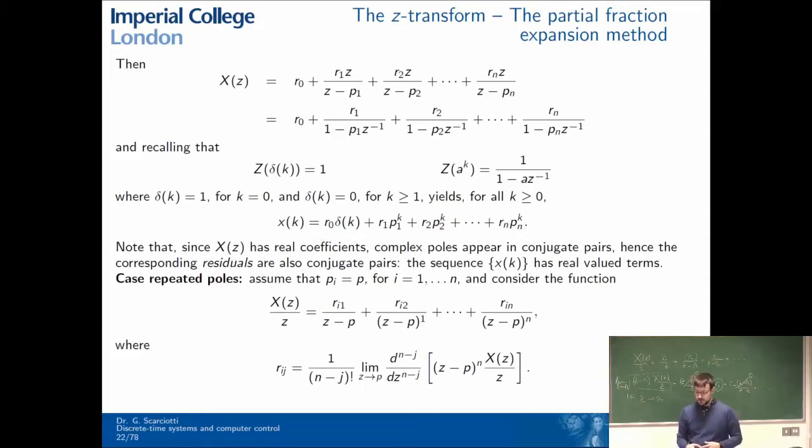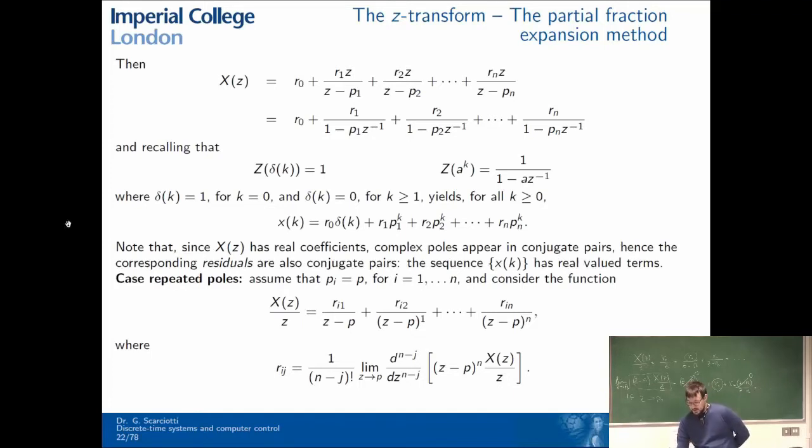Okay? So you see that this is a way that allows us to compute in a pretty mechanical way the sequence that generated a certain z transform. Another thing to notice is the fact that if X(z) has real coefficients, and that will be the case for all the functions that we study, then complex poles appear in conjugate pairs.